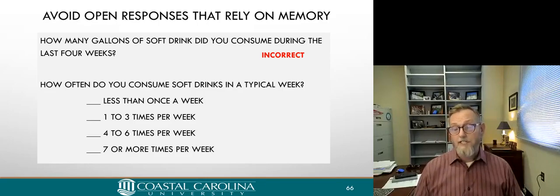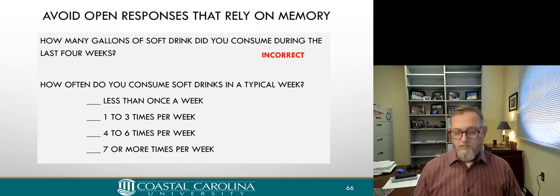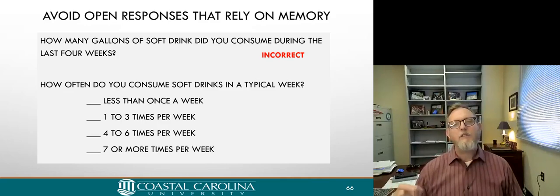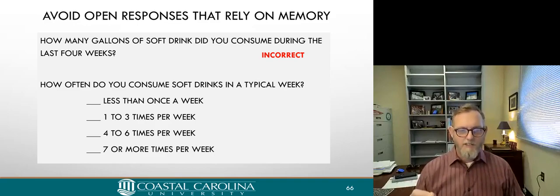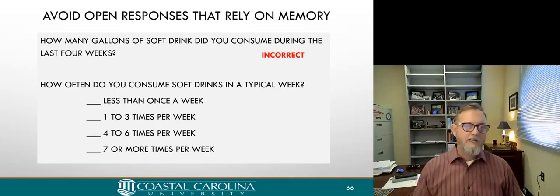I mean, some people do, but a lot of times that's just not something that we know. So instead, let's change the question, make it a scale. In this case, it's more like an ordinal or Likert type of scale, but basically it gives us a range, and you check the area that is most reasonable for you. That way you don't need to know the detail down to the ounce or gallon.